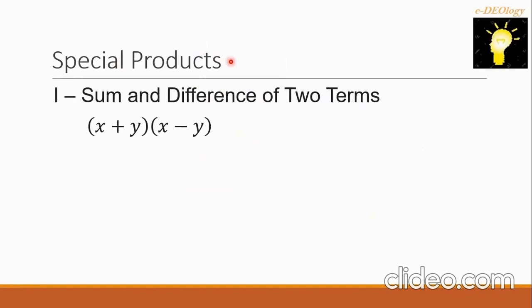Let's begin with our first special product, and that is the sum and difference of two terms. And the pattern is like this. We have x plus y multiplied by x minus y. So the x, or the first term of the first group, is the same with the first term of the second group.